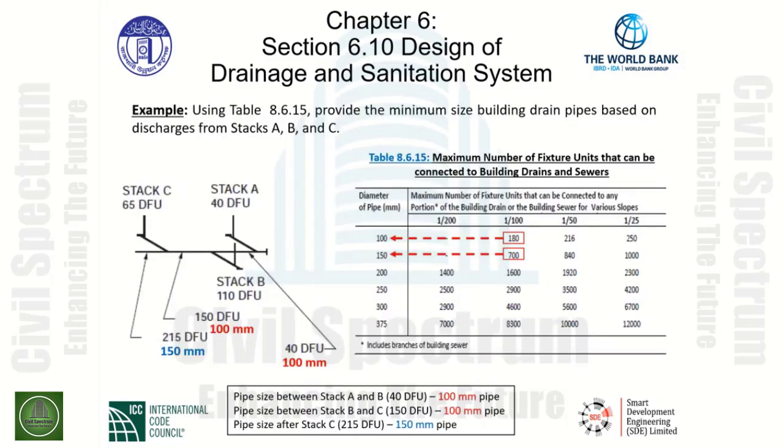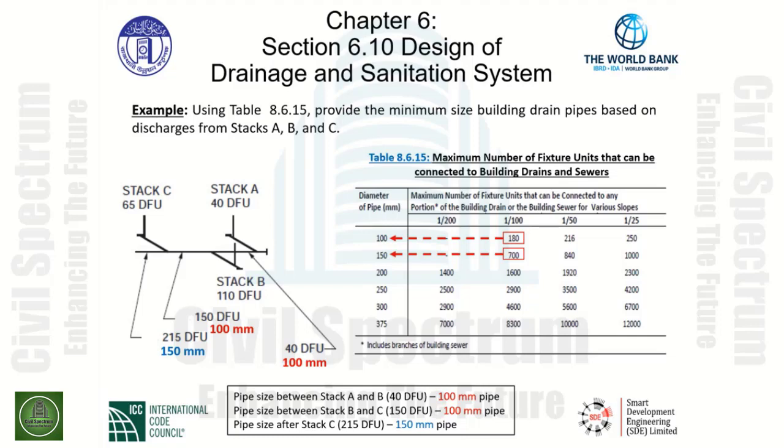As an example, using table 8.6.15, provide the minimum size building drain pipes based on discharges from stacks A, B, and C.